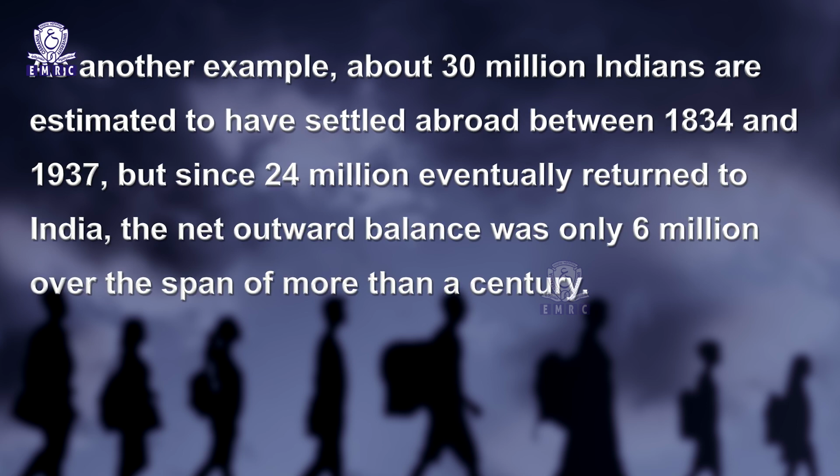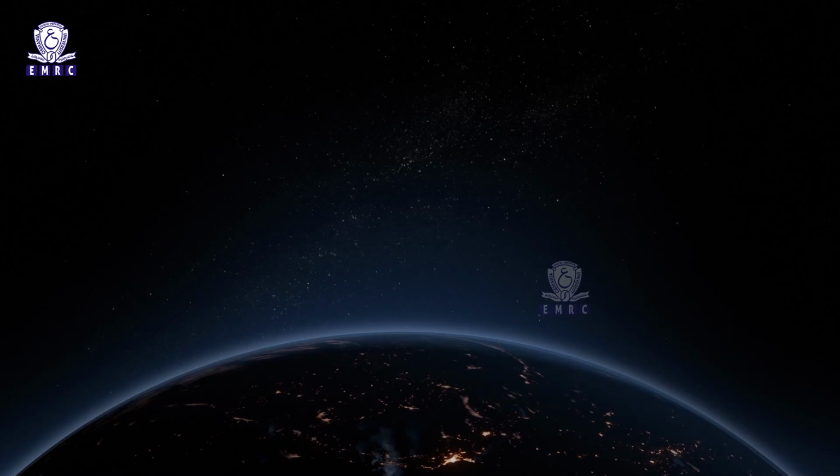As another example, about 30 million Indians are estimated to have settled abroad between 1834 and 1937, but since 24 million eventually returned to India, the net outward balance was only 6 million over the span of more than a century.